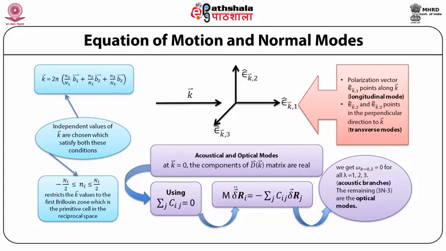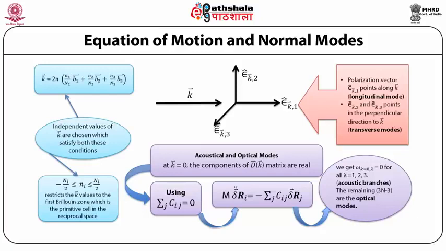The periodicity of the crystal lattice allows us to find an equivalent k value inside the first Brillouin zone for those k values that lie outside the first Brillouin zone by simply adding a reciprocal lattice vector G to k.